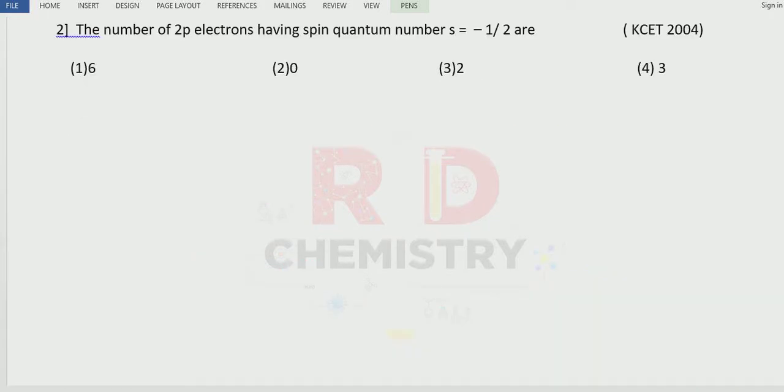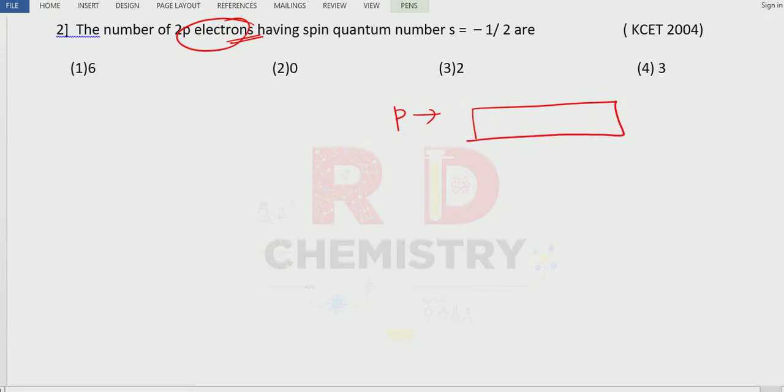Question number 2. Number of p electrons having spin quantum number s is equal to minus half. Now, p subshell has how many orbitals? 3 orbitals. What are those? Px, py, pz, correct?